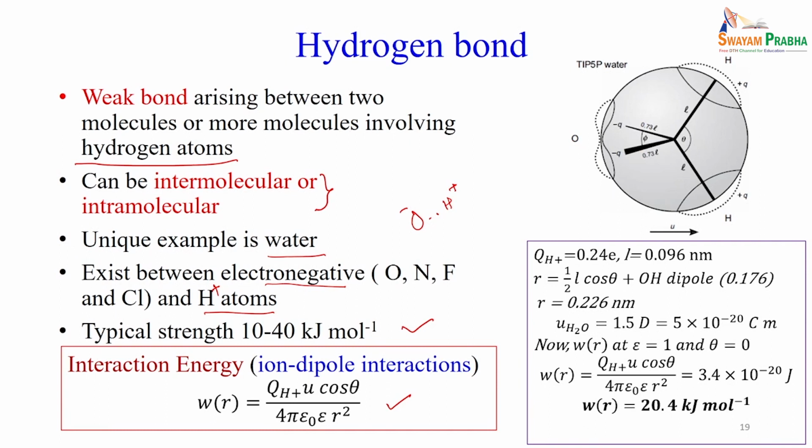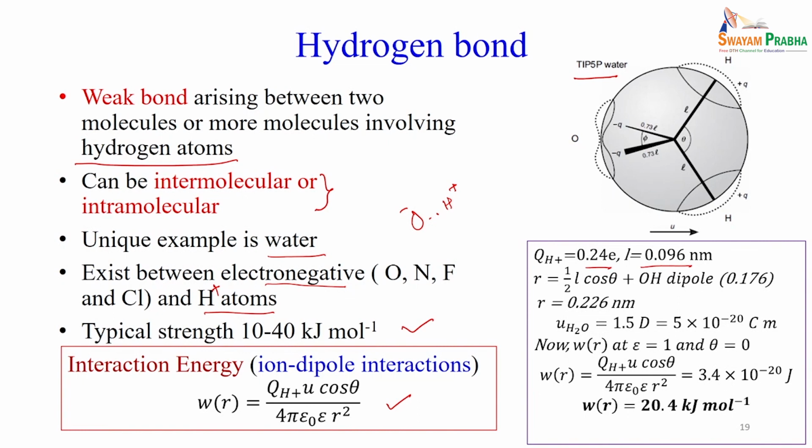Now, this is one example of a TIP5P water molecule. This is a modeled water molecule which has one oxygen and two hydrogen atoms. So, here let us consider Q H, the charge on the hydrogen, is 0.24 electron and the value of L is 0.096 nanometer.